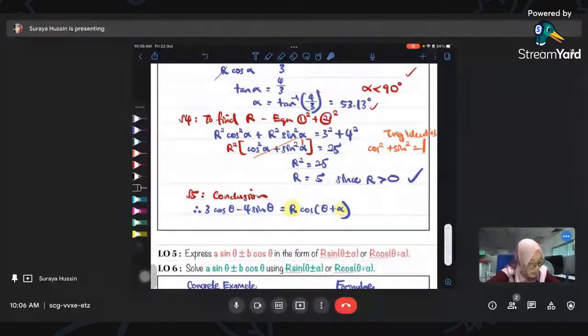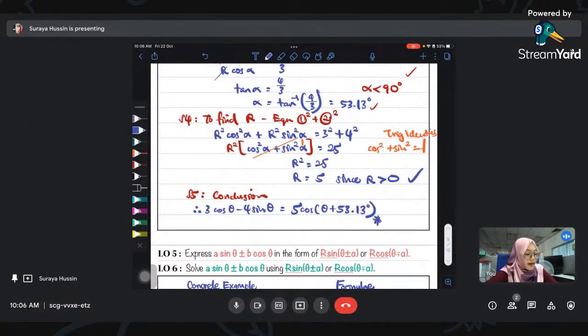So in this case, I delete my R, I write down 5. I delete my alpha. I put my alpha is 53.13. Ta-da! So that is my expression yang telah ditukarkan daripada ini kepada R form.